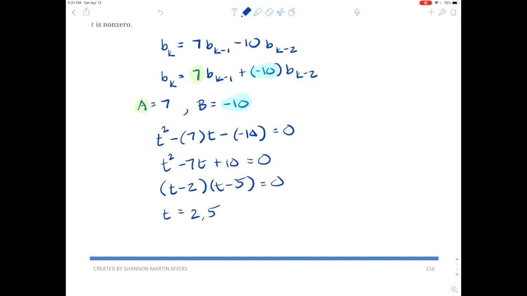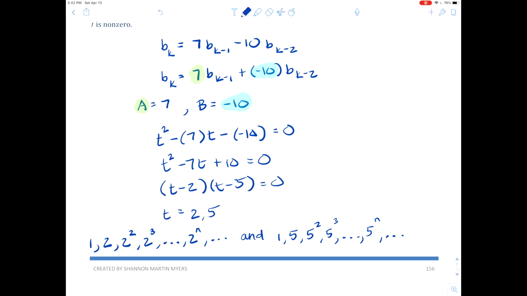These values that we got represent values for t, right? So basically 1, 2, 2 squared, 2 cubed, dot dot dot, 2 to the n, dot dot dot, and 1, 5, 5 squared, 5 cubed, dot dot dot, 5 to the n, dot dot dot.